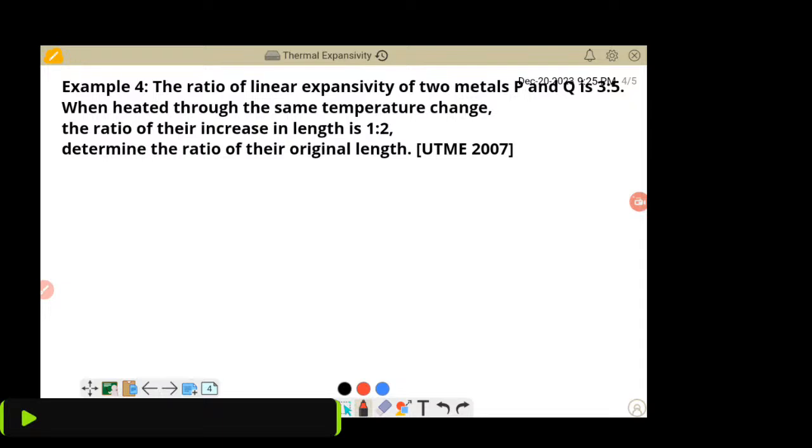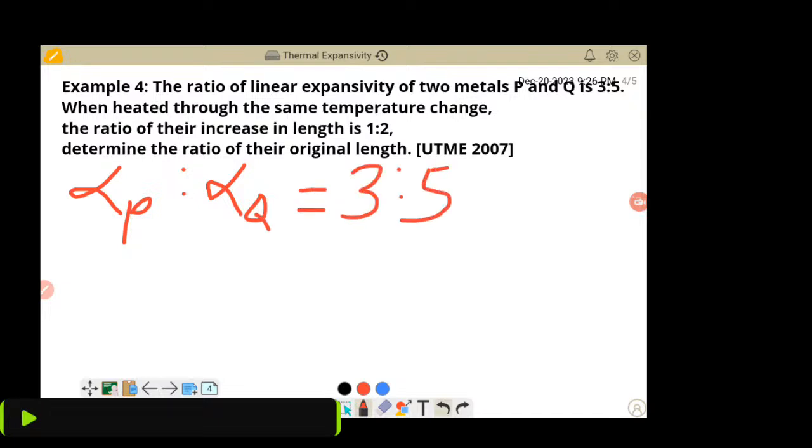Okay, let's list out what we have in this question. The ratio of the linear expansivity of P to Q is 3:5.